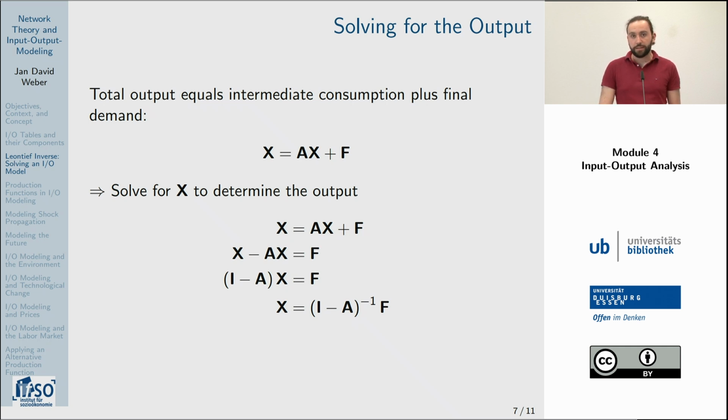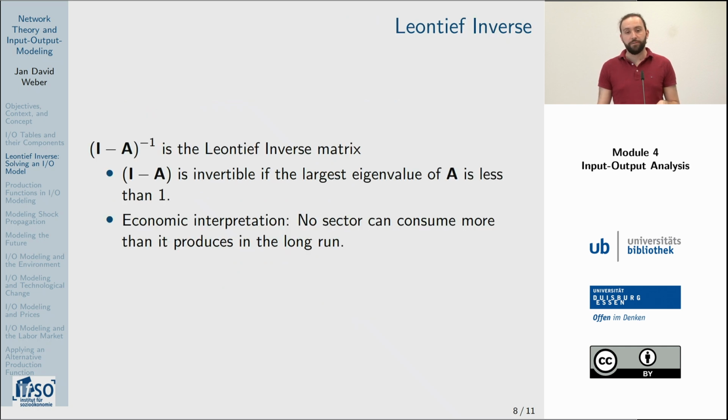This can be easily solved for x to determine the output, where we have to shift things around, get the inverse of the identity matrix minus the technical coefficient matrix, and then we have the total output of the economy. And this identity matrix minus the technical coefficient matrix, and of that the inverse, is called the Leontief inverse.